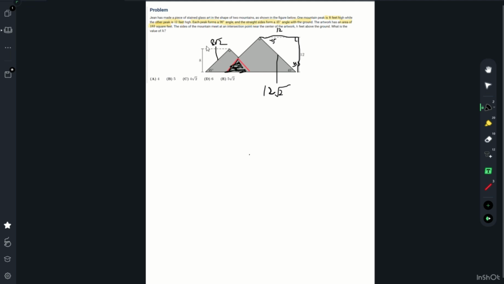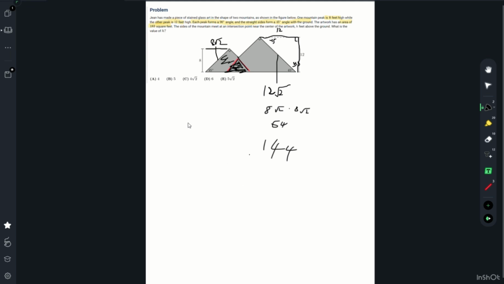Because this is 8 square root 2, and this one is also 8 square root 2, the area of this triangle right here is 8 square root 2 times itself, over 2, and the area of the triangle will be 64. The same thing can be applied over here, and the area of this triangle will be 144.